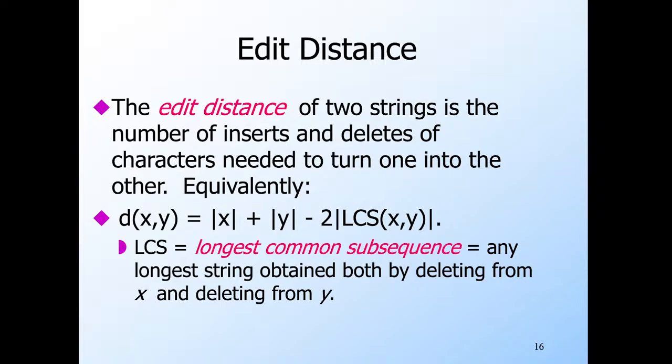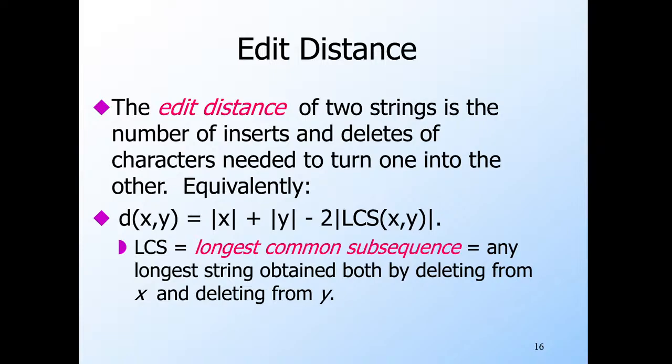And here is another way to do it. The distance between x and y can also be computed as the length of x plus the length of y, minus 2 times the length of the longest common subsequence.